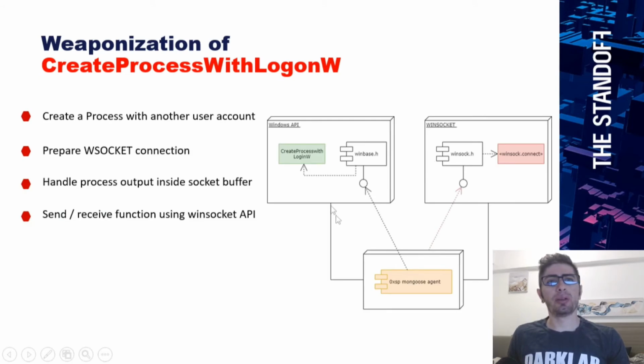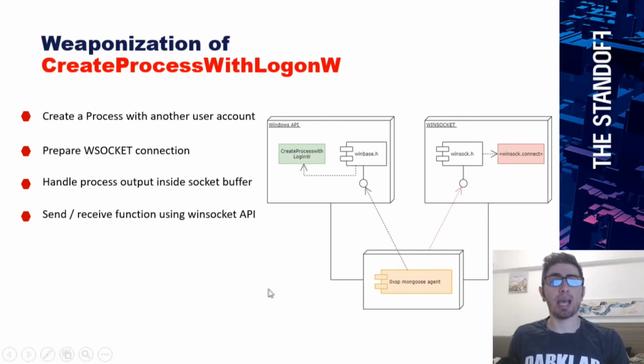As you see in the diagram below, the 0xSP MonoGhost agent will communicate first with the Windows API CreateProcessWithLogonW. Meanwhile, instead of just spawning the CMD, it will also prepare one socket module.